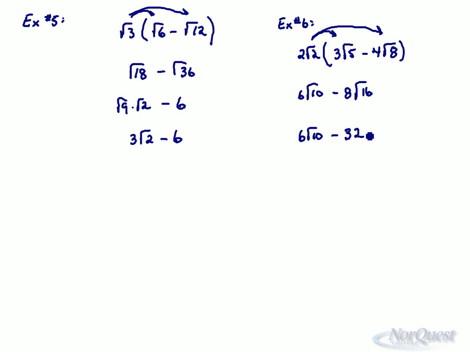Let's look at a couple binomials in the next two examples, and we'll multiply using FOIL here. So example number 7, we're going to look at root 6 plus root 3 times root 2 minus root 3.